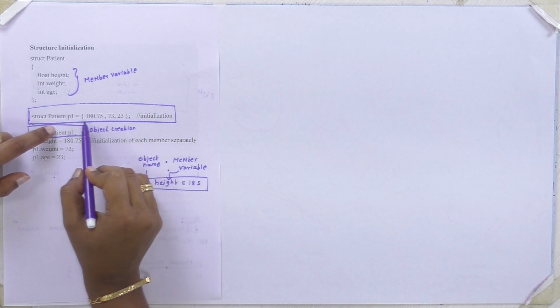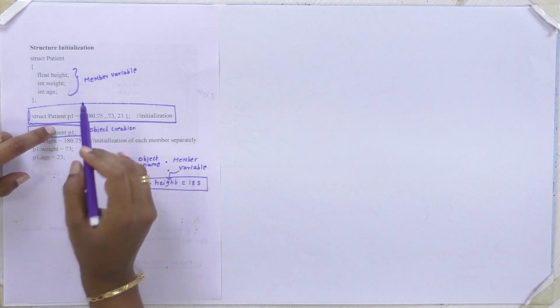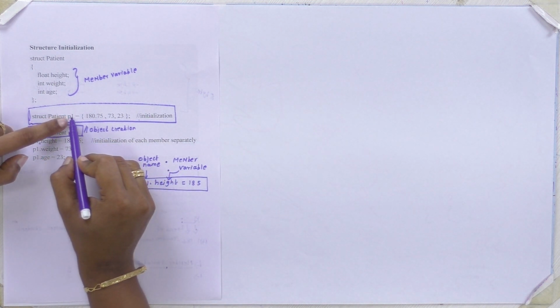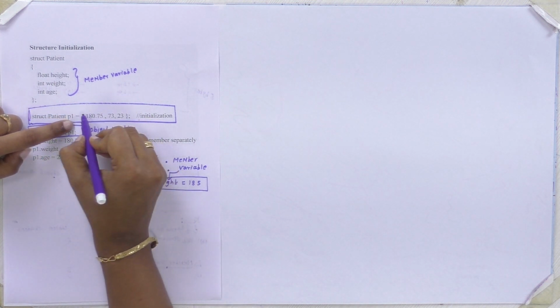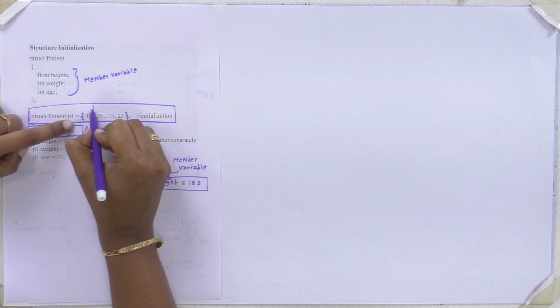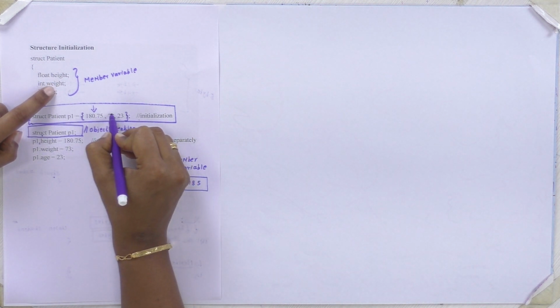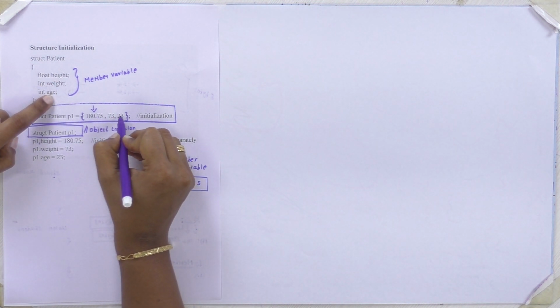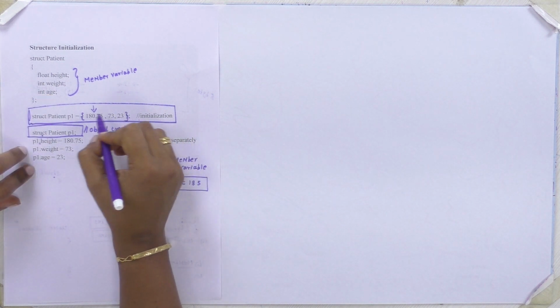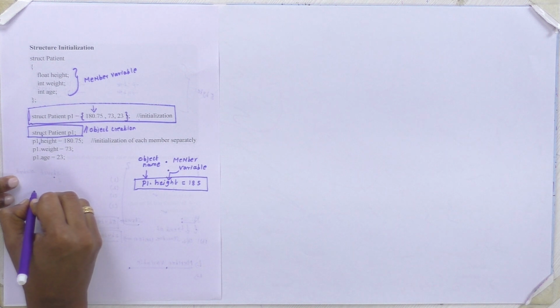In this code, it assigns values by using only one line. So you use object P1 equal to, then open a curly brace. The first value, 180.75, represents height, comma. Next one is weight for the person, 73. Next one is age for the person, 23. So likewise you can initialize the values. Let's create another one like this.